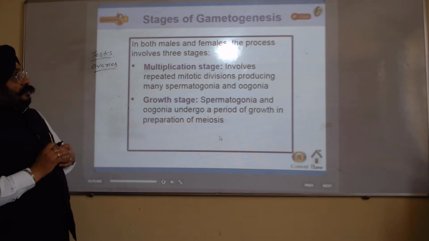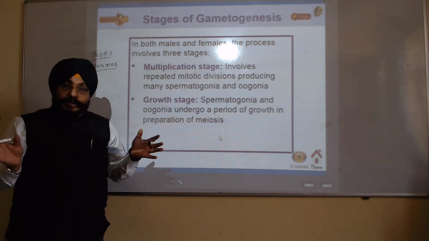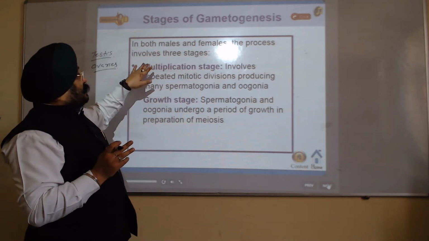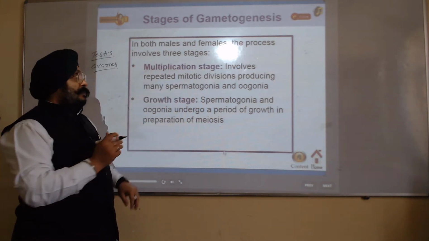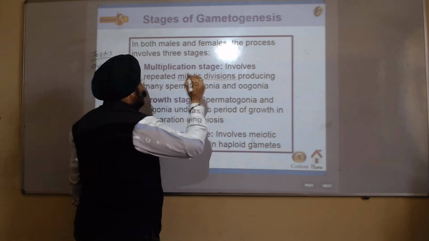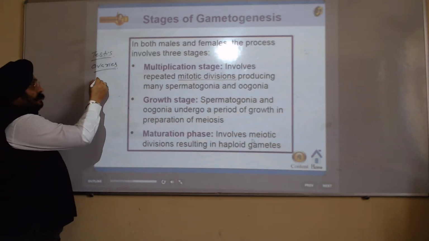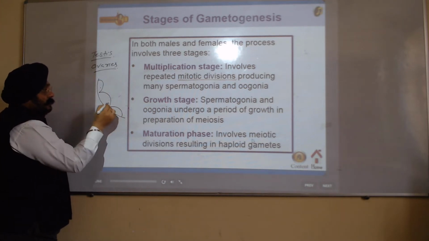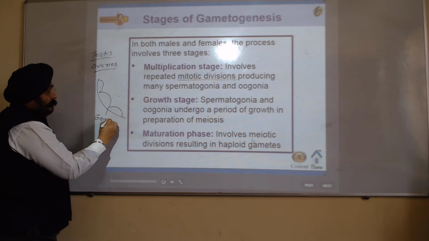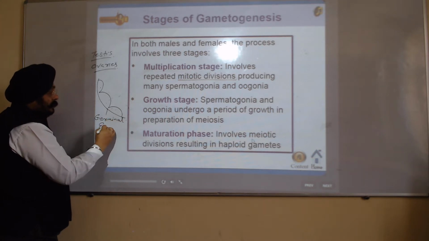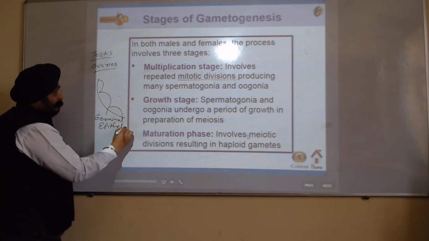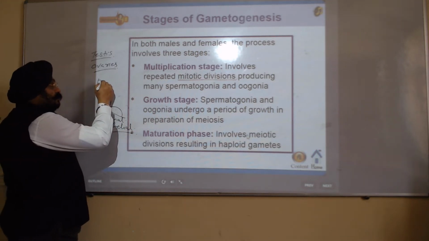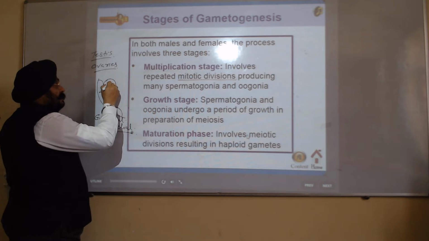In both male and female, this process of gametogenesis is carried out in 3 steps, which are common for both. The first step is the multiplication stage, which involves mitosis. This mitosis occurs in the cells of the germinal epithelium, where these cells undergo mitosis to form a new cell.